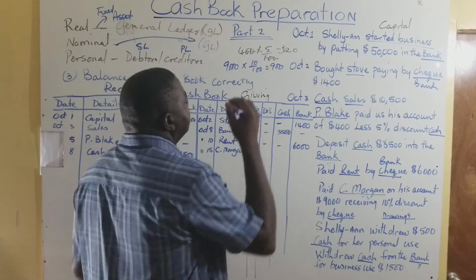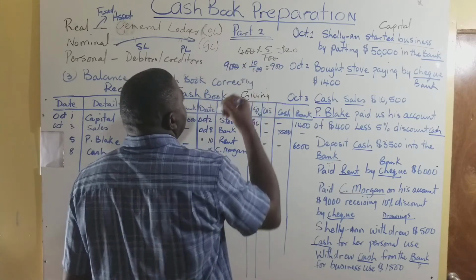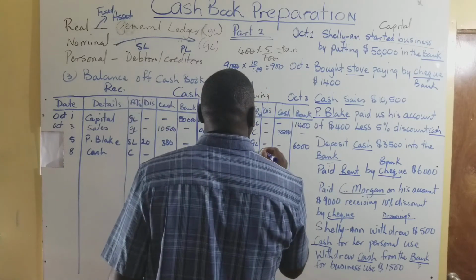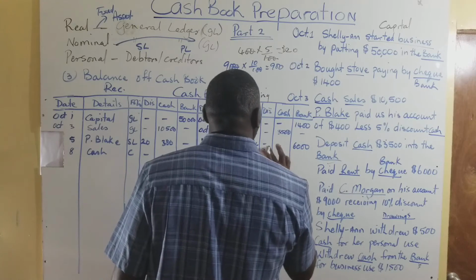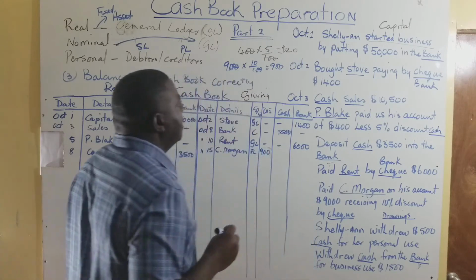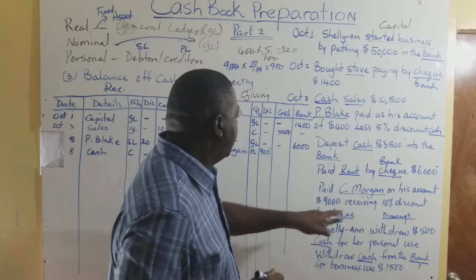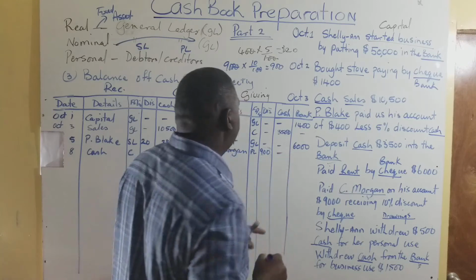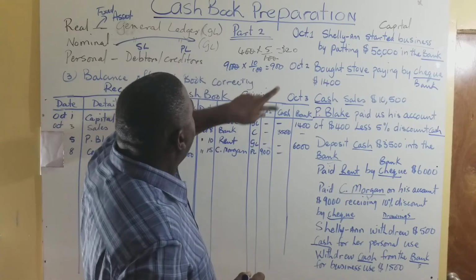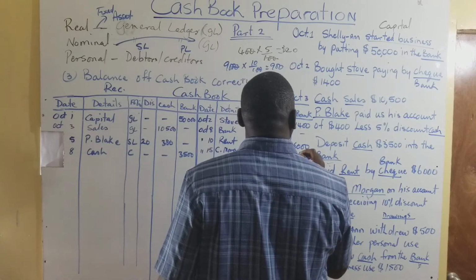For those slow in maths, we cancel out these two zeros: 10 times 90 gives us 900. So it's going to be $900 in the discount column. Now, to see how much he's paying, we're paying him by check, so it's not cash, we just put a placeholder there. 900 subtracted from the 9,000 gives us 8,100.